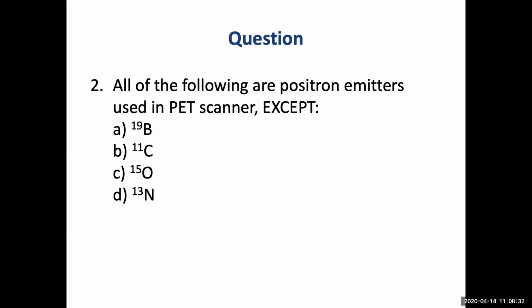All of the following are positron emitters used in PET scanner except... O15 is produced in cyclotron, and it's used in PET.